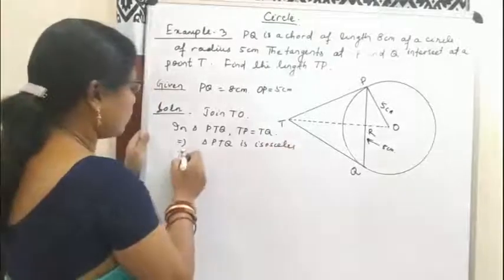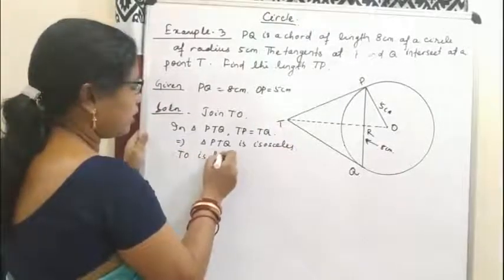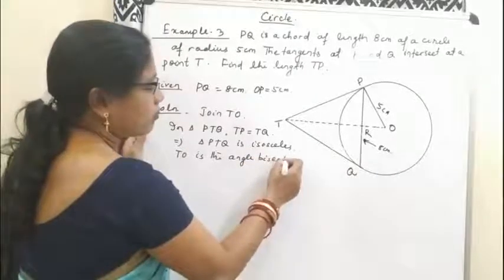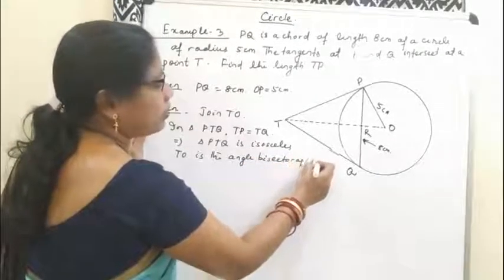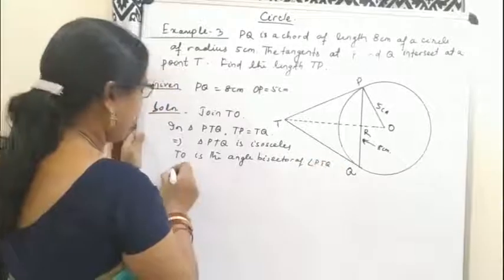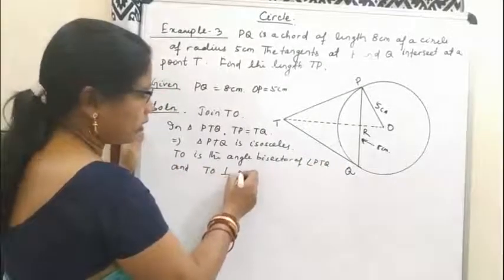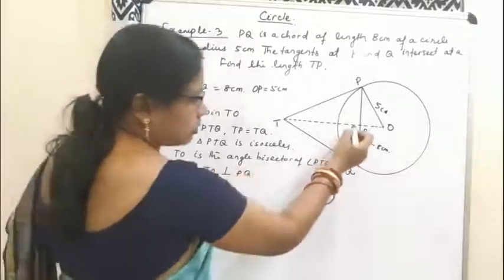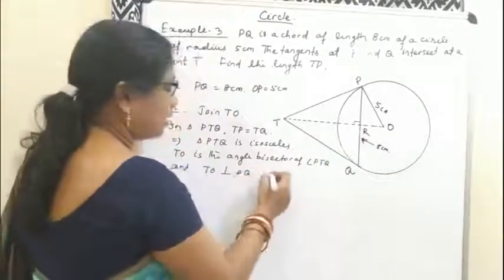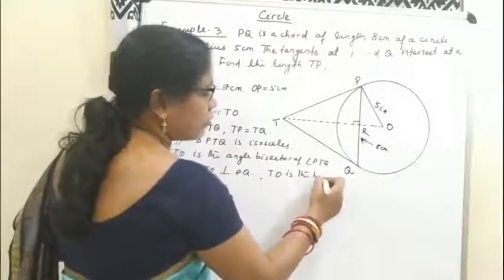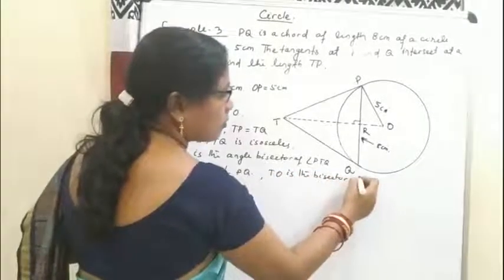So TO is the angle bisector of angle PTQ, and TO is also the perpendicular bisector of PQ.